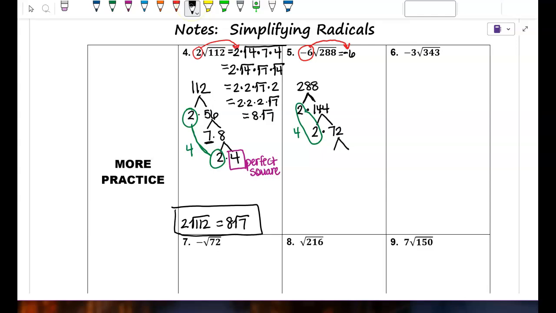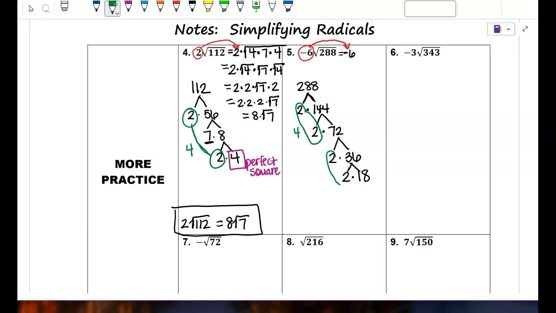72, I saw people going, okay, well, 2 times 36. Here was another opportunity to stop because 36 is a perfect square. But if we didn't recognize it, it doesn't help us. Some of us kept going and said, well, that's 2 times 18.